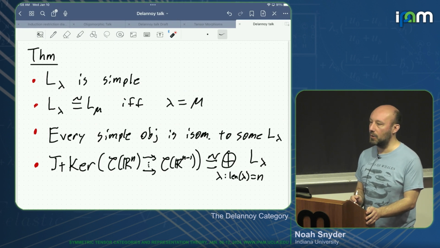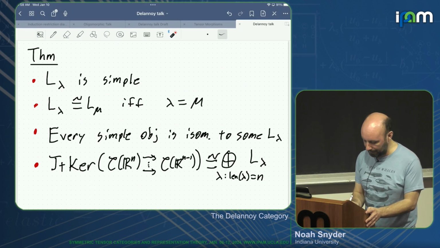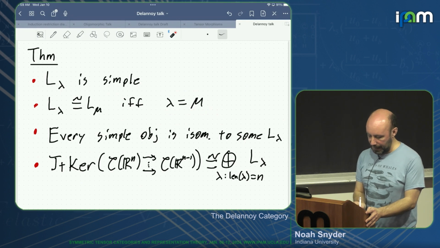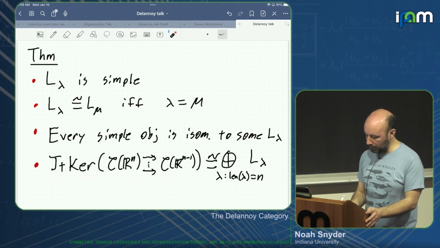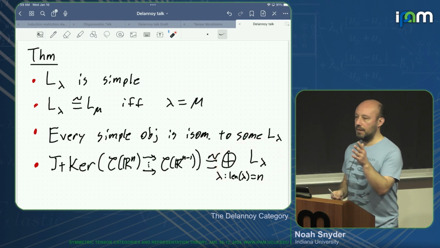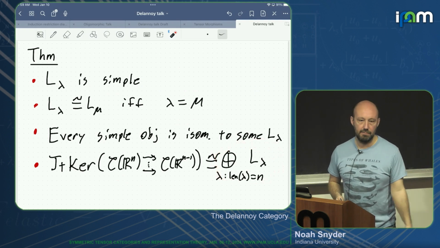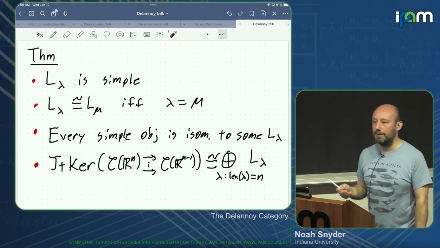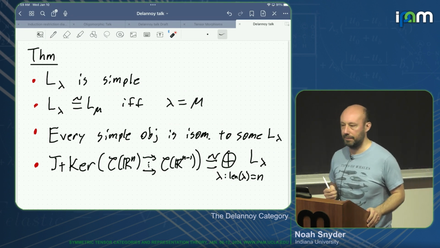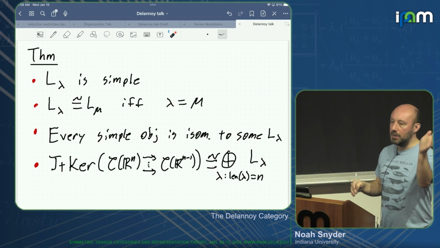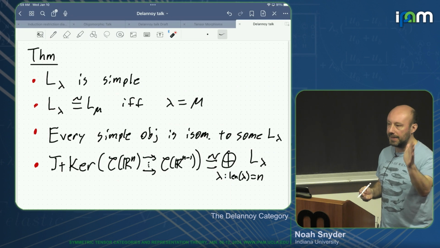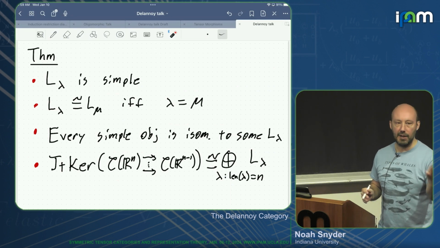That is, one of them is isomorphic to another one if and only if you have the same word. Every simple object is isomorphic to one of these. And this joint kernel is actually the sum of the ones of the right length. And in fact, the new stuff is multiplicity free, which makes your life easier, right? So the old stuff may have tons of multiplicities. The new stuff is multiplicity free and consists exactly of one guy for each word of length n.